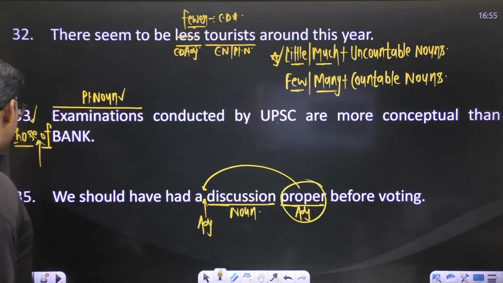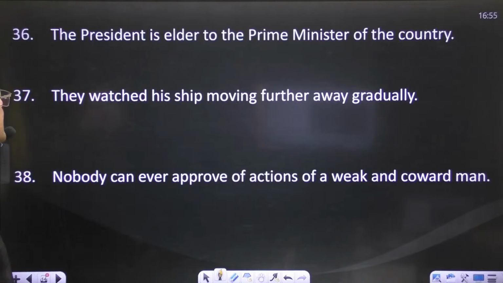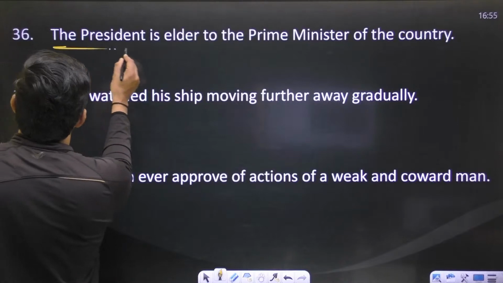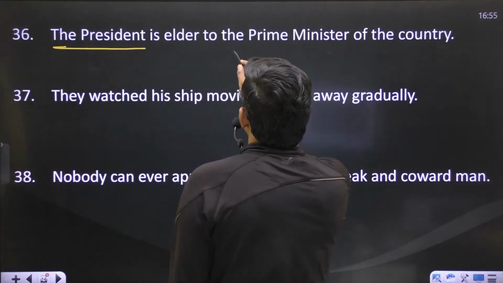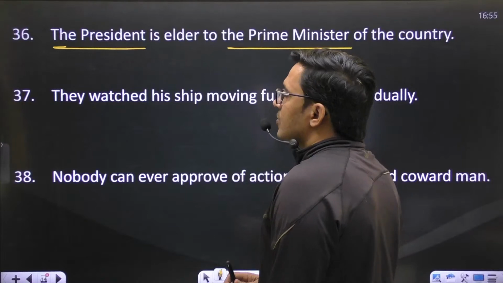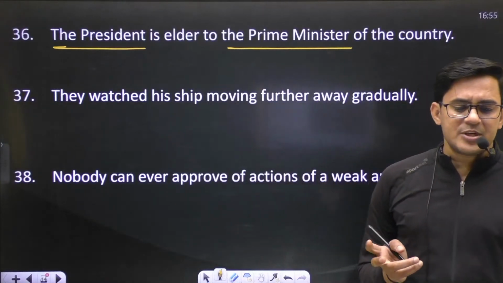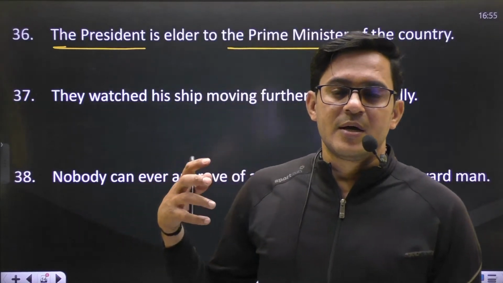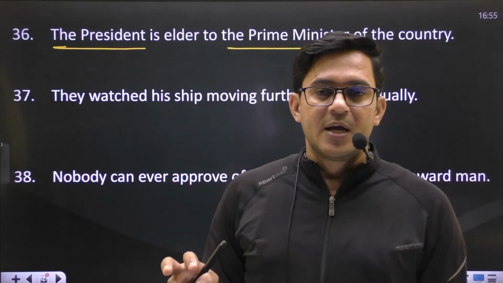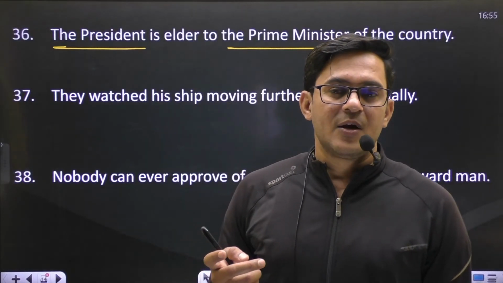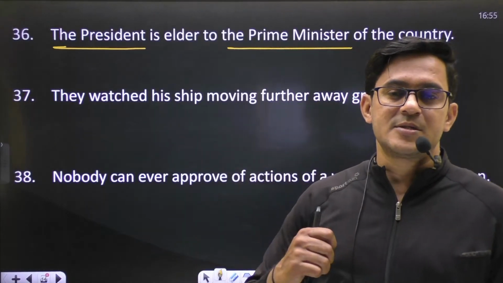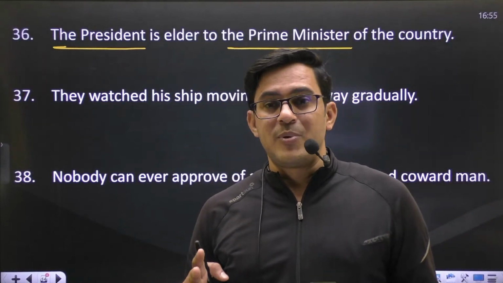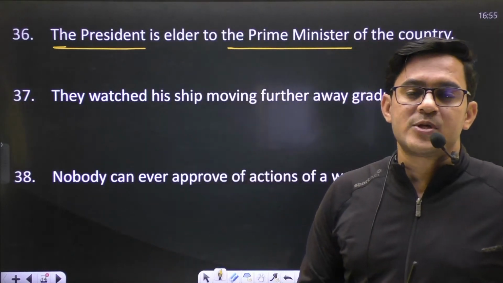Okay, move to the next sentence. The president is elder to the prime minister of the country. Here the comparison is between the president and the prime minister, and make sure whenever we compare the age of two persons, here the comparison is between the ages of two different persons. Here we are not talking about siblings. When you talk about brothers, sisters, or siblings, or blood relation, in that situation we use elder.